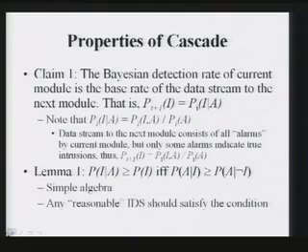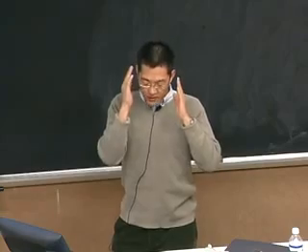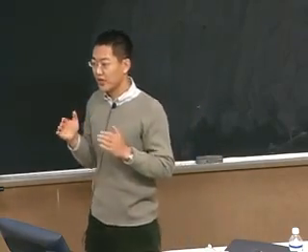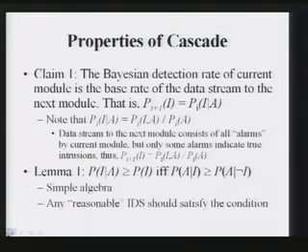Because if you do a random guess, the detection rate and false alarm rate would be exactly the same, 0.5. So any reasonable IDS would do better, meaning the detection rate would be greater than the false alarm rate. And we can show that if this is true, then you have this condition, okay? Then you have that property.